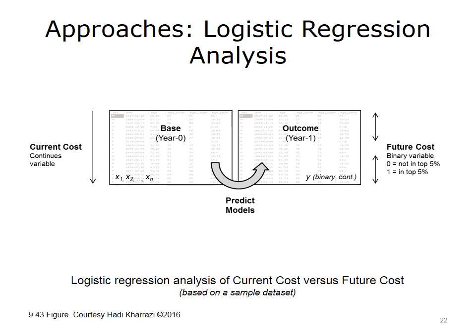Of course, this is an overly simplified model, where one independent variable is predicting a binary outcome variable. Remember that the outcome variable is a binary variable. Thus, a logistic regression should be used to explore the effect of the current cost on future assignment of patients to the top 5% group.